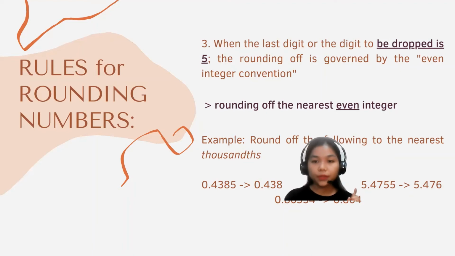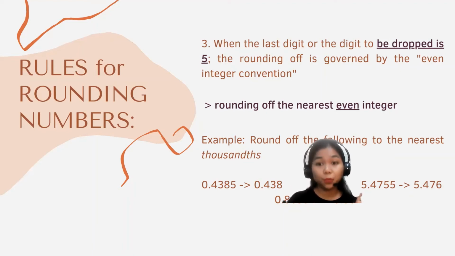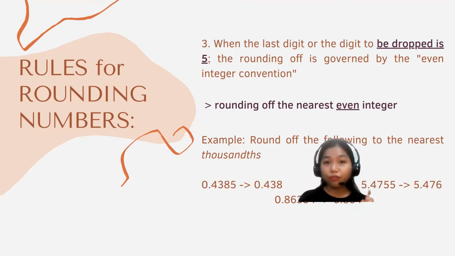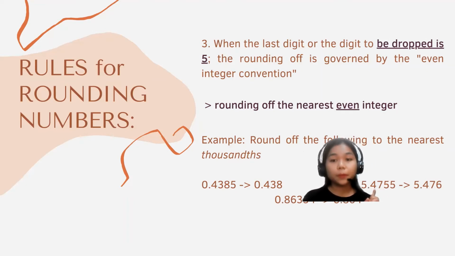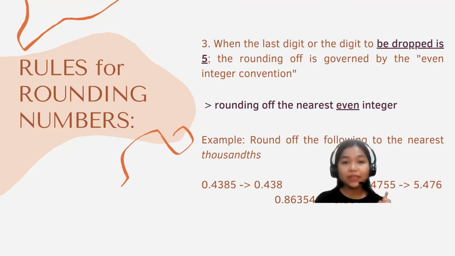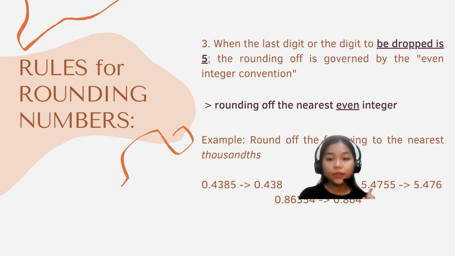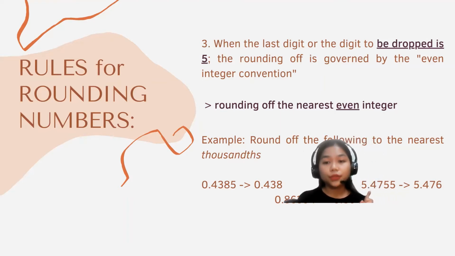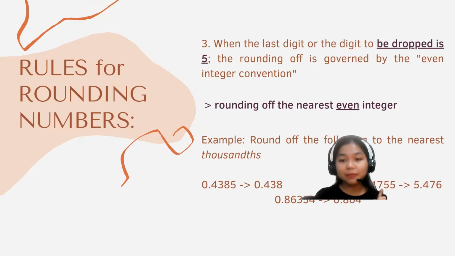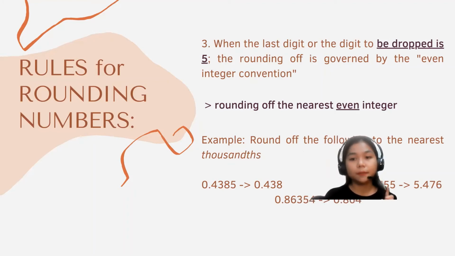5.4755. So 5, the place value is, yes, it's ones, you're right. 0.4 is tenths. 0.07 is hundredths. 0.005 is thousandths. And 0.0005 is ten-thousandths. So again, 3 decimal places.